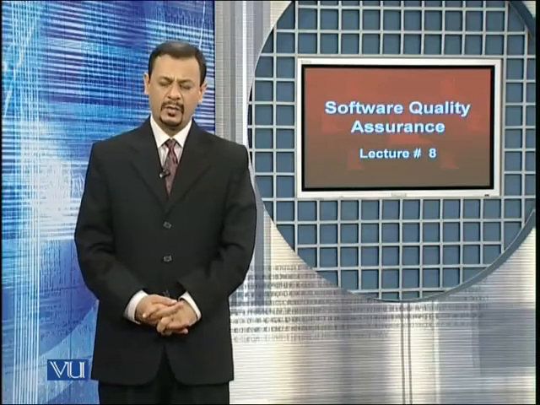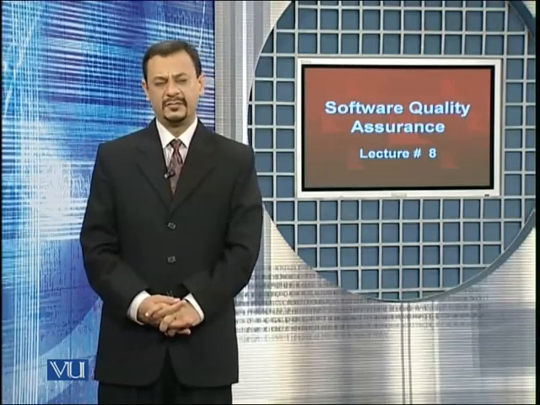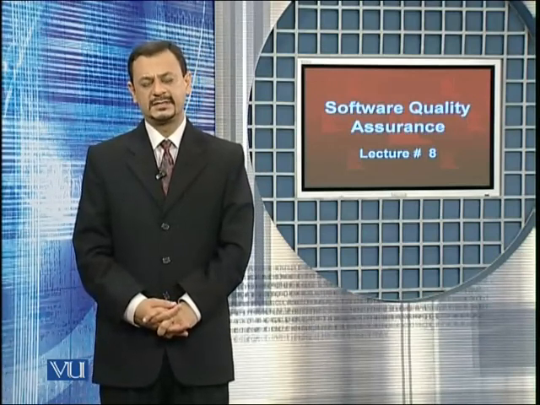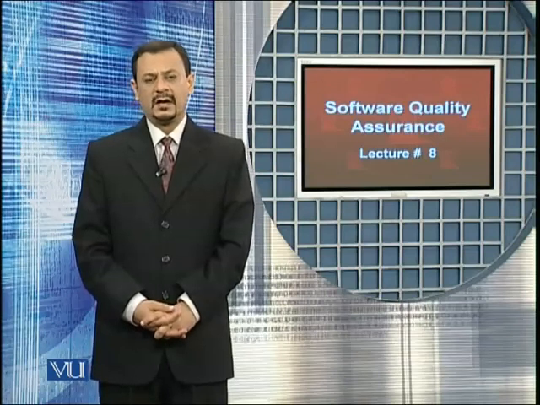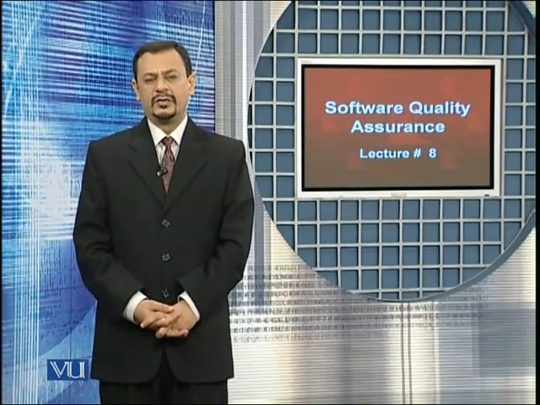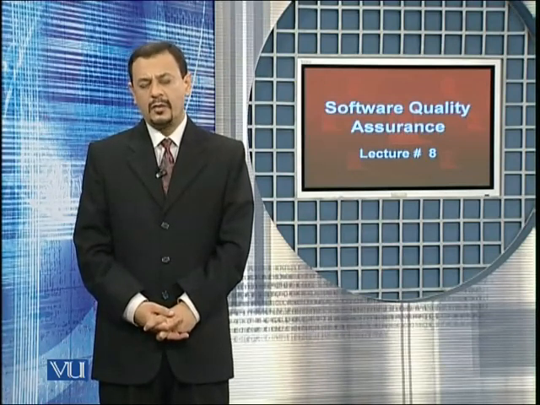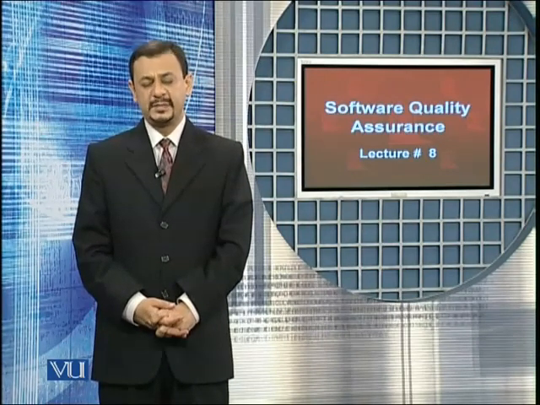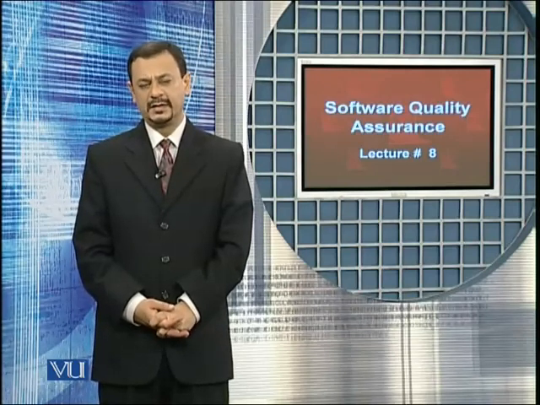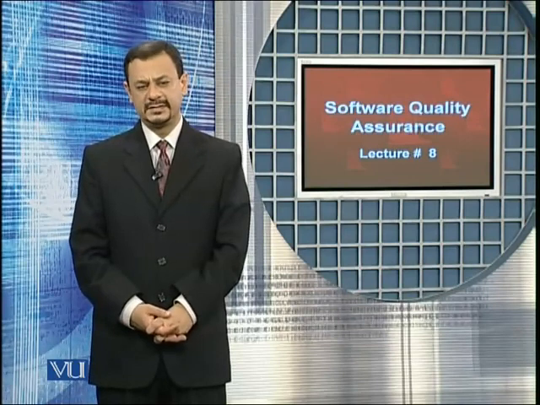However, we do have a validation phase or validation activity as we discussed in the last lecture. But we should understand that we should perform validation very carefully, specifically with respect to checking for inconsistencies.